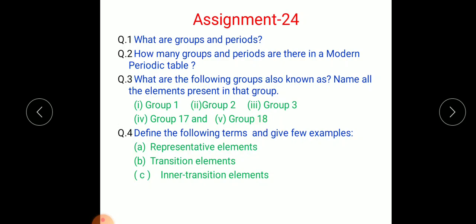And question number 4 is, define the following terms with a few examples: representative elements, transition elements, and inner transition elements. Group 3, remember that it belongs to transition elements.